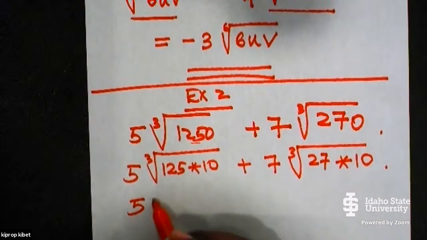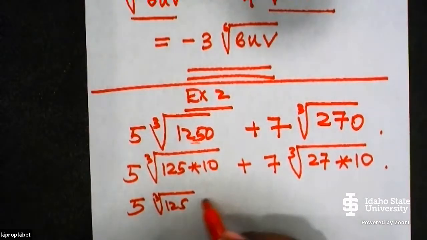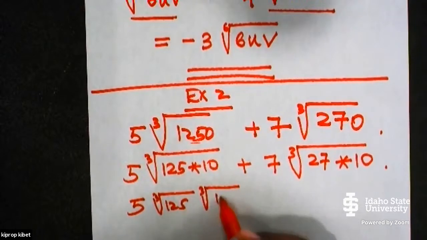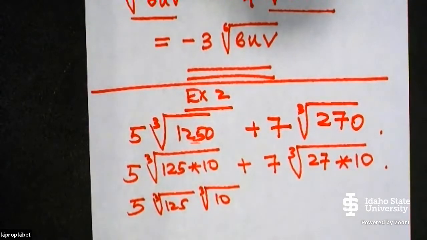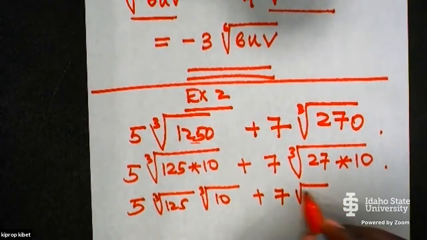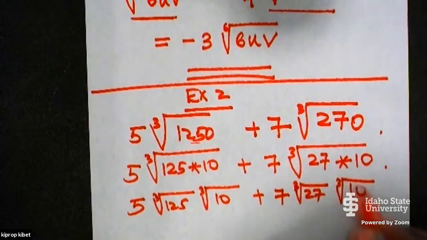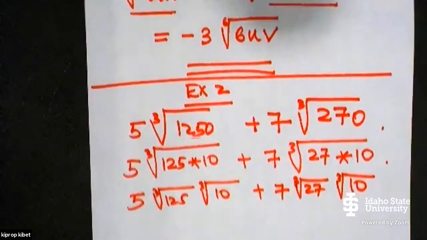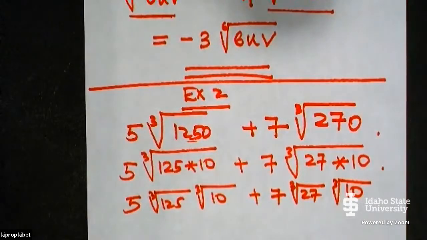So 5 the cube root of 125 times the cube root of 10, plus 7 the cube root of 27 times the cube root of 10. Okay. So what is the cube root of 125? It is 5, right?